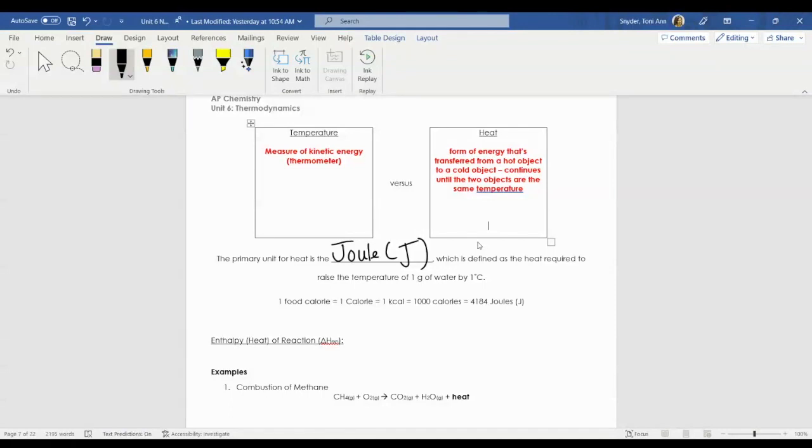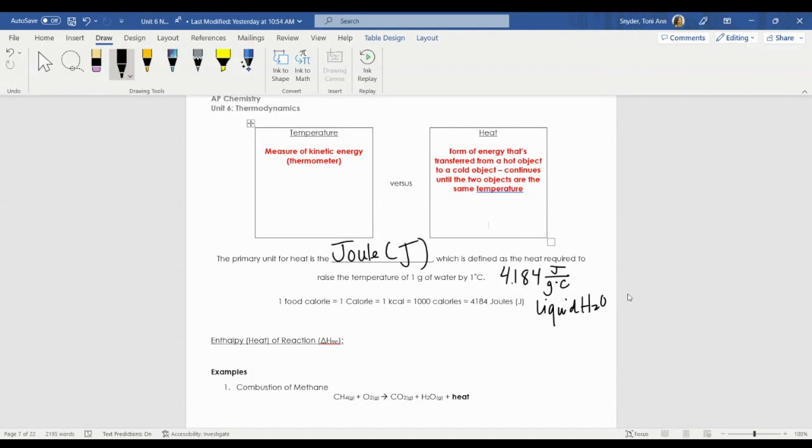So for example, the amount of heat that's required to raise 1 gram of water by 1 degree Celsius, you might remember this value is 4.184. And the units of this value are joules per gram degree Celsius. And this is true for liquid water, liquid H2O.